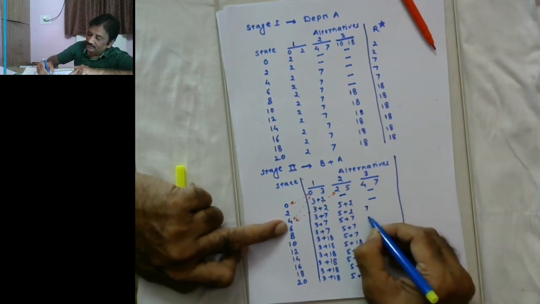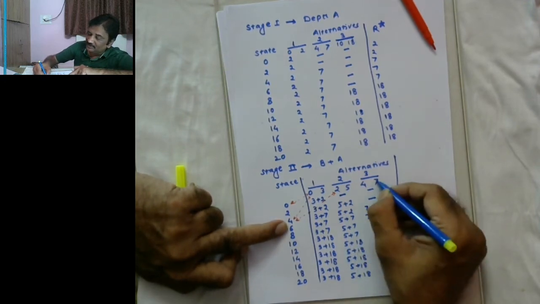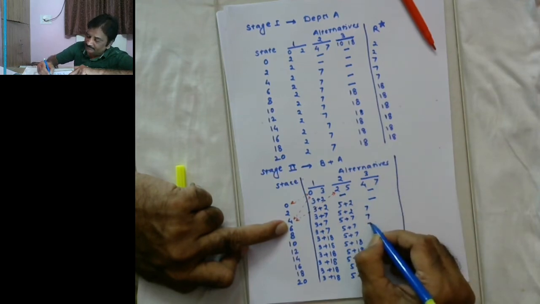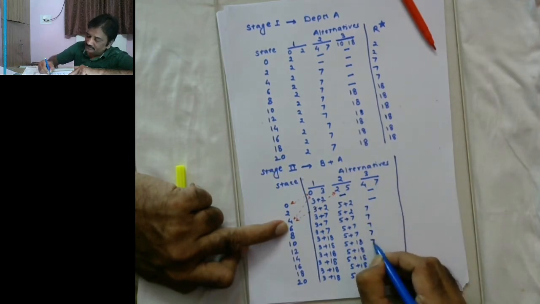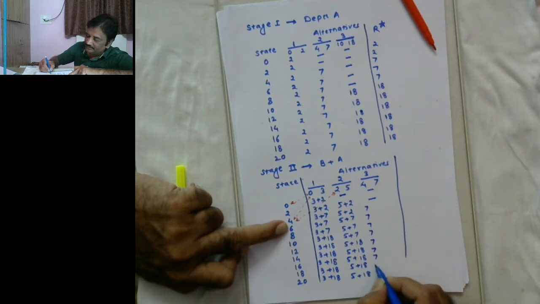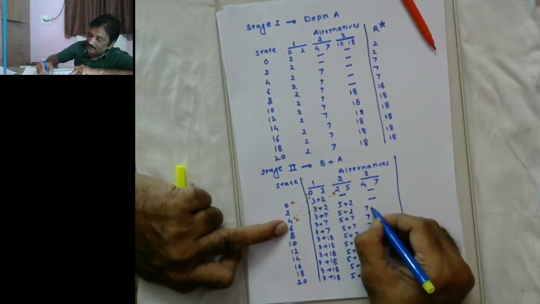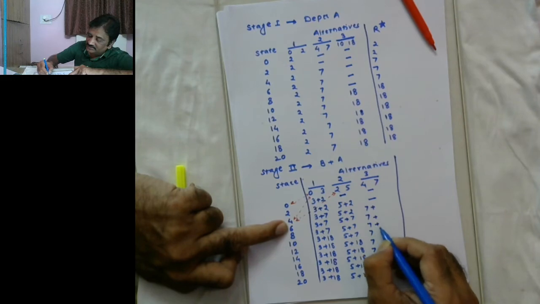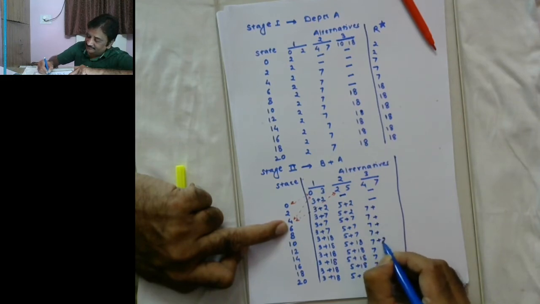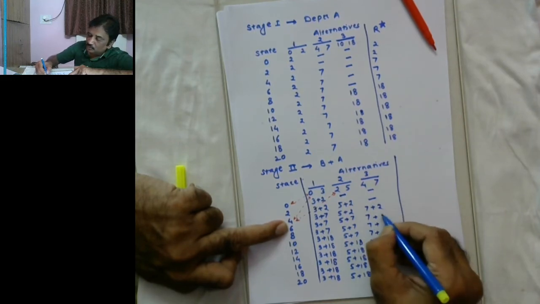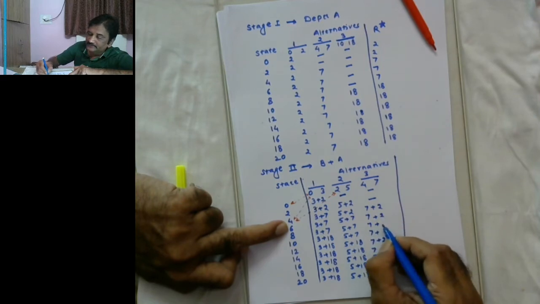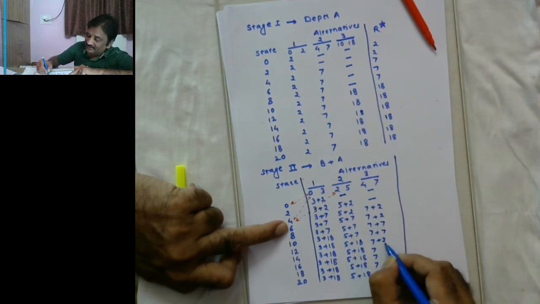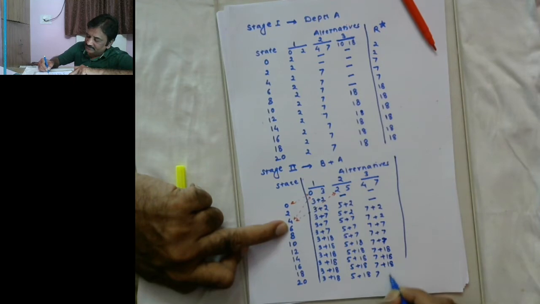The first component of the return is going to be 7 crore, which is coming from here: 7, 7, 7, 7, 7, 7, 7. And the second component, without much discussion this time, I will be writing: 2, 2, 2, then 7, 7, 7, plus 18, 18, 18, 18.